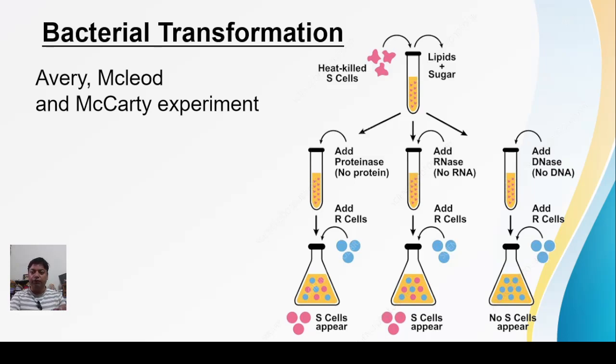But when DNA was digested, protein and RNA were present. The R cells mixed with this mixture show that S cells do not appear. In spite of the presence of protein and RNA, S cells do not appear. It means protein and RNA do not have any role in transformation, but the DNA does. Hence, DNA should be the genetic material for the organism.